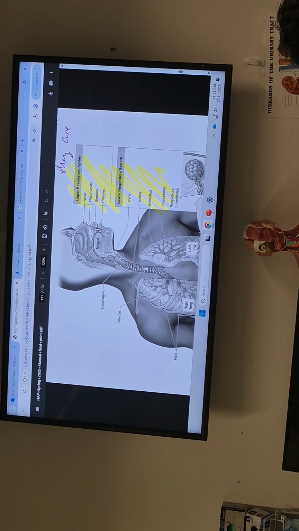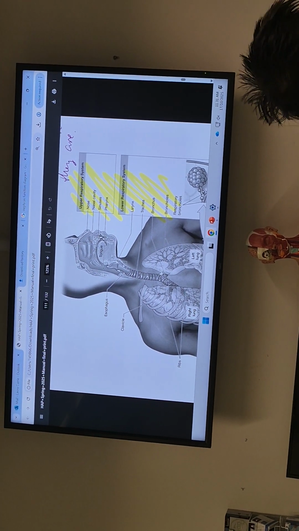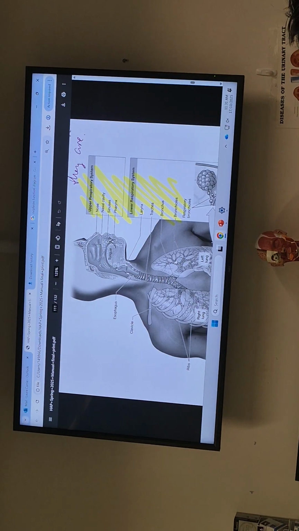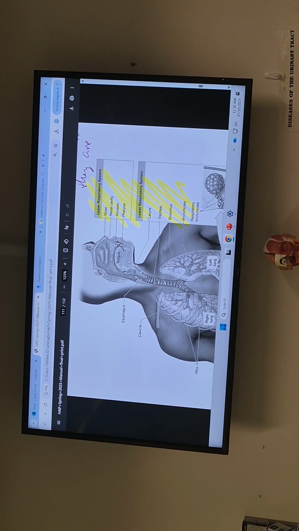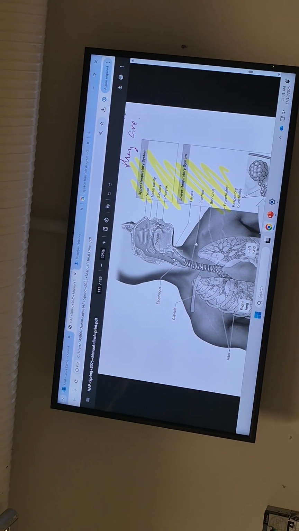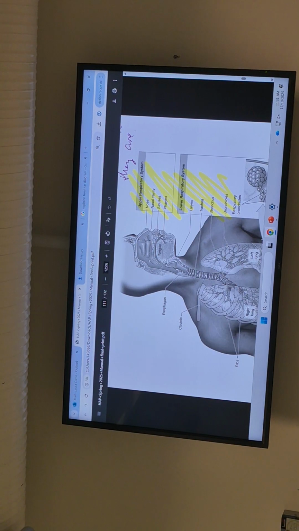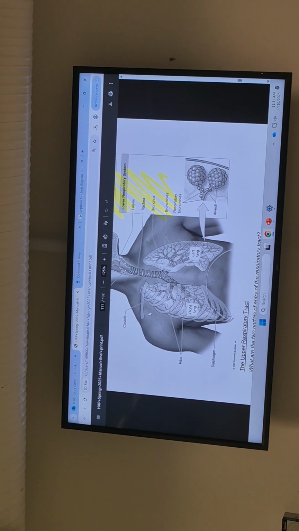And then you've got your three different types of bronchi: your primary, secondary, and tertiary, which are the little teeny tiny ones. And then at the very end you'll find the bronchioles, but they're microscopic, so you won't see them in the dissections at all. And then you've got your left versus your right lung.